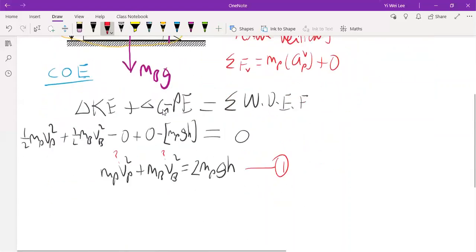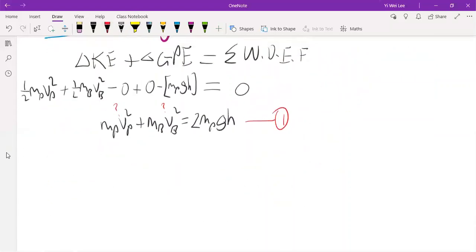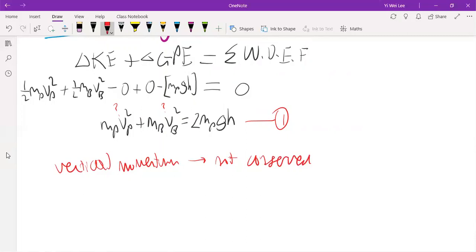So we can say with utmost confidence that vertical momentum is not conserved. Horizontal momentum is conserved.